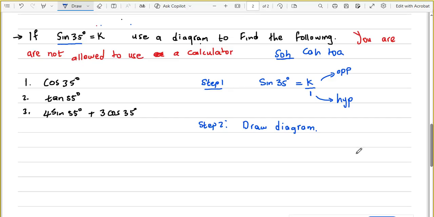When you draw the diagram, you're going to look at the angle that is given in the statement. If sine 35, you need to check in which quadrant is 35. Can you please tell me which quadrant we should work on? The second quadrant.